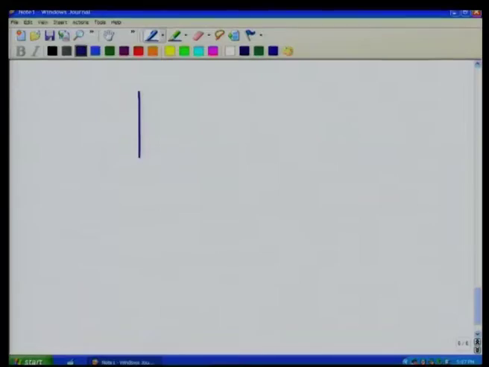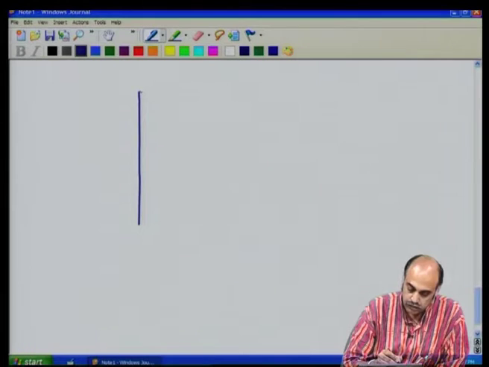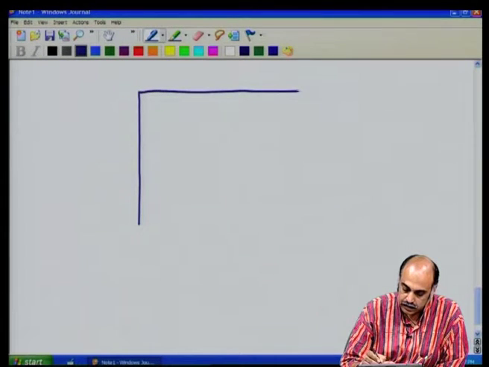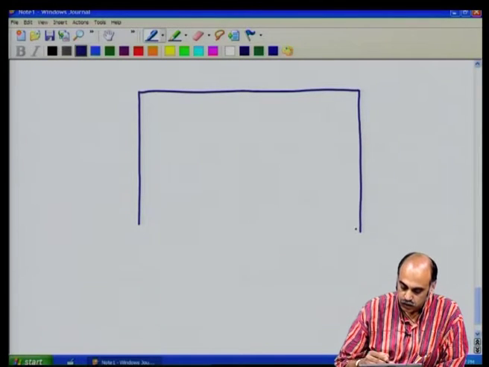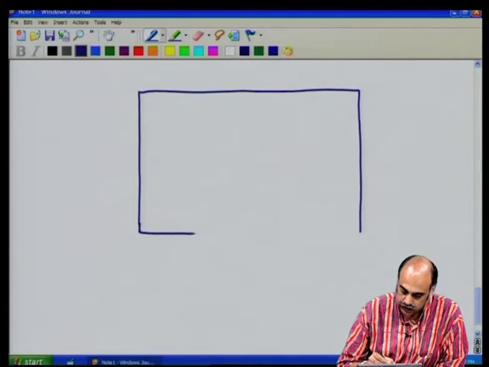Another important aspect while we are on the ground is that on a single board, you could have both analog and digital circuit. You could have both analog and digital circuit.